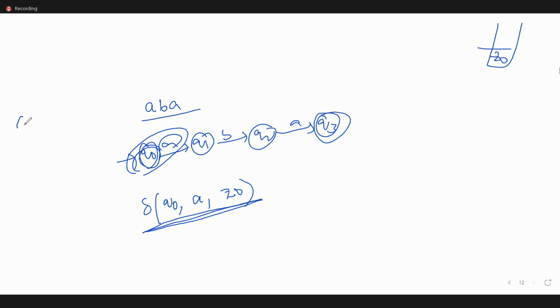Simply delta of Q0 on A gives some Q1. Same here: earlier it was state and input symbol. When you come to pushdown automata, along with state and input symbol we have one more, that is the top of the stack. The top of the stack is always Z0 initially in the stack. Is it clear?